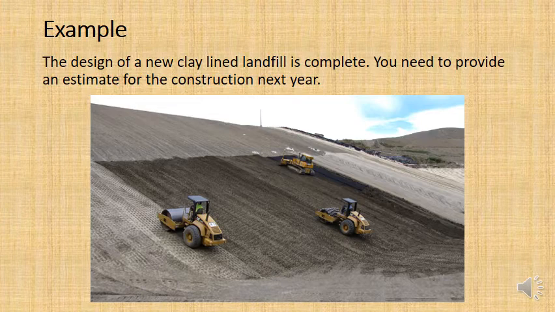There's a new landfill that is being built, or is partially built, for Erbil. Now the design work is all complete. We're only looking at construction here, so you're only estimating construction. Now what they're doing with this landfill is they're basically lining it with clay.